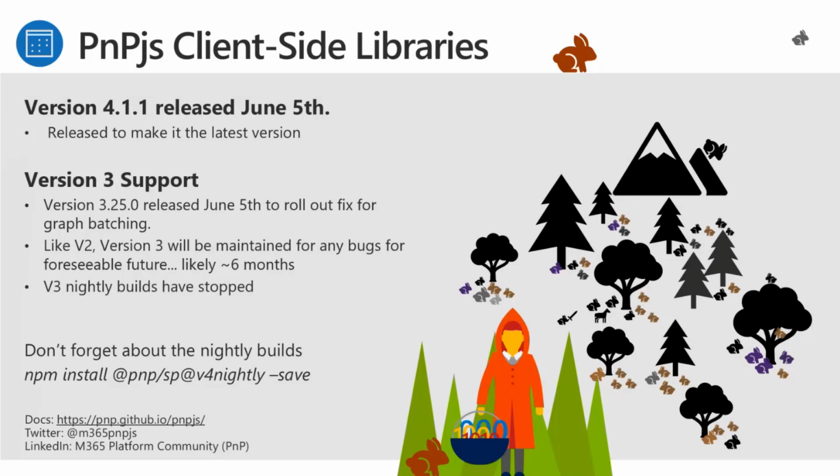It's not the same situation as the version 2 to 3 move. So definitely check that out. And as always, if there is a fix in the V4 branch that you are interested in, you can check out the V4 nightly build to see what got pushed in and test it out and make sure that fix works before we do an official V4 build.